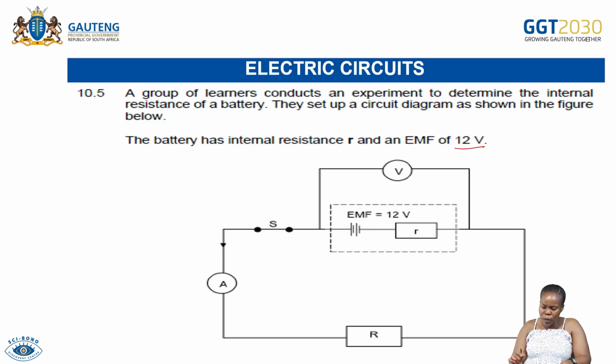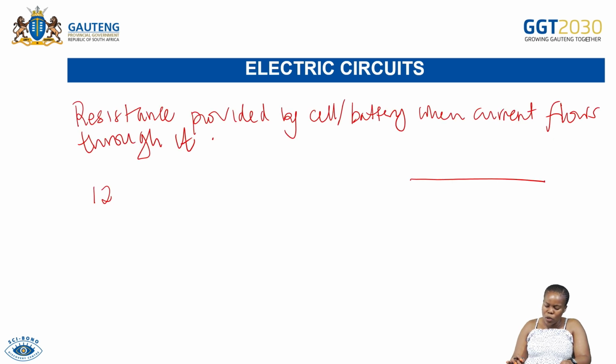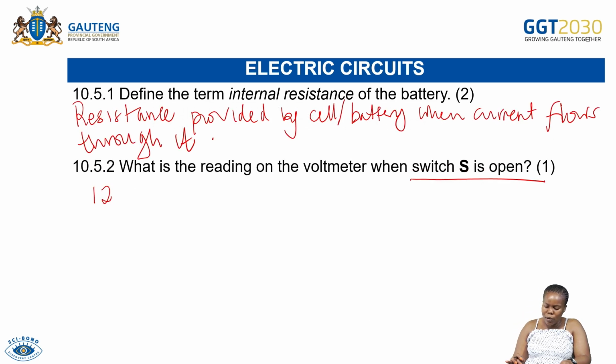Let's check what it was. It was 12 volts, right? So the reading on the voltmeter will still be 12 volts, because the switch S is open. Only when the switch S closes will the 12 volts be utilized inside the electric circuit. Then it will decrease from 12, because now the energy is being used.